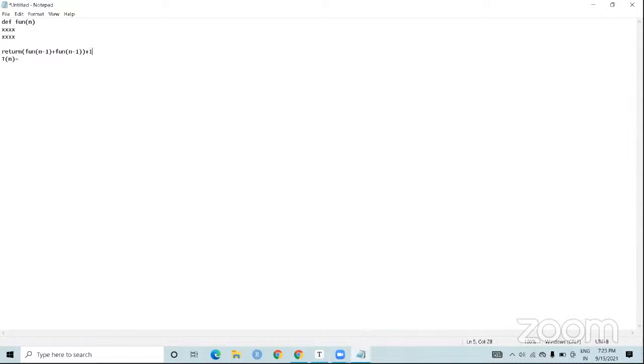Maybe we can say plus one also here. Why plus one? Because for n-1 and n-1 times, whenever it comes to the return statement, it will calculate. But before that, it will first go through the function and execute it, then come to the return.